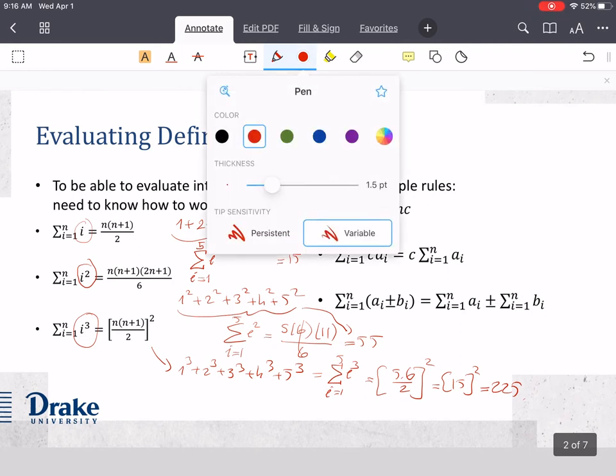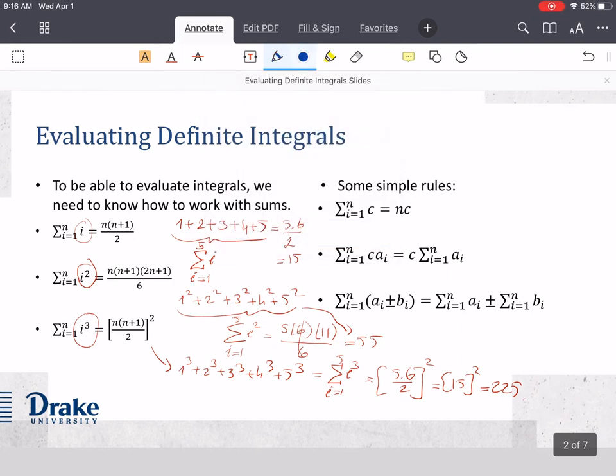Here on the right hand side, we have some simple rules. For instance, if you have sigma i equals 1 to n of c, you'll notice this doesn't have any i. So what this whole thing represents is basically adding c n many times.